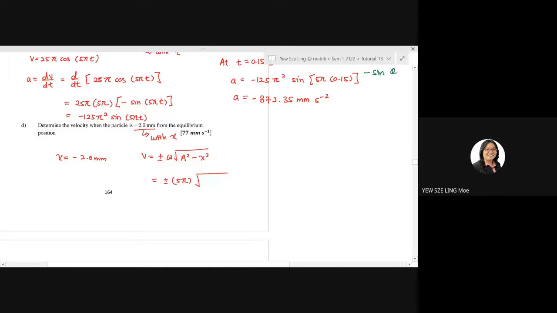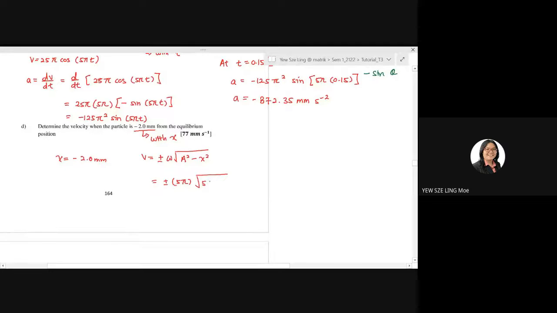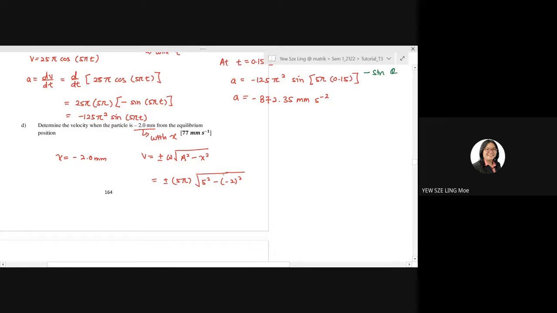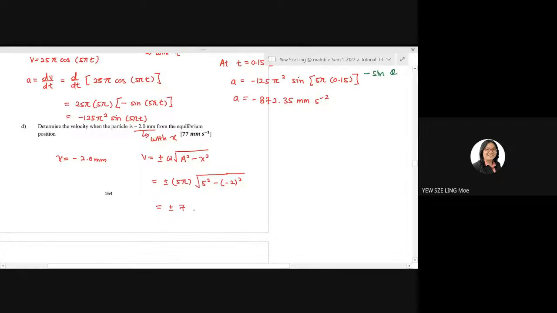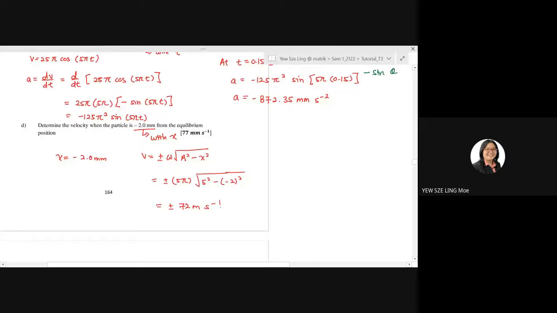My A is 5. So I will obtain plus minus 72 mm s to the negative 1. So you need to keep the plus minus sign. Whether it is positive or negative, I don't know.